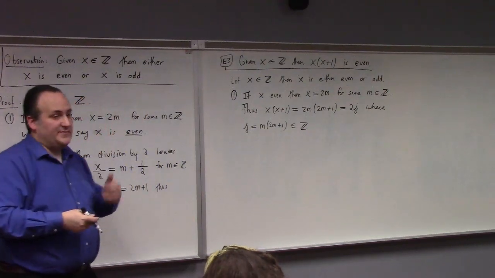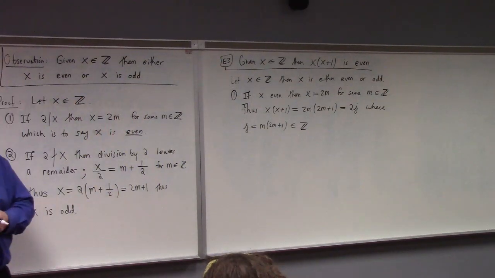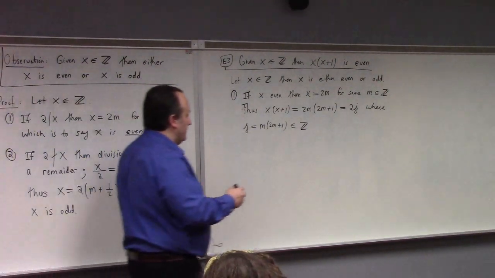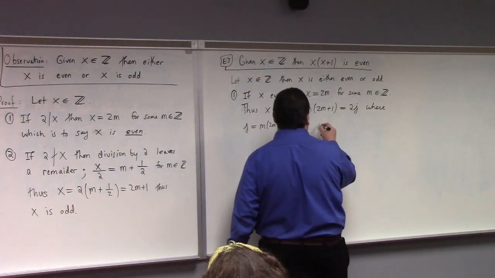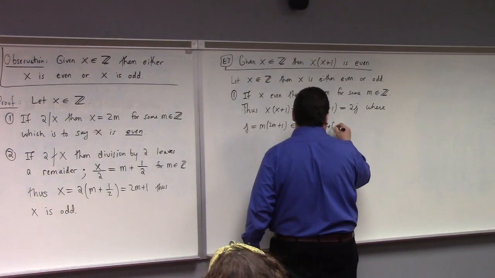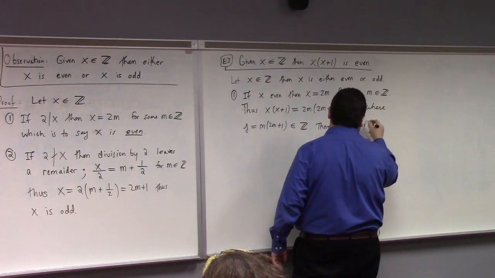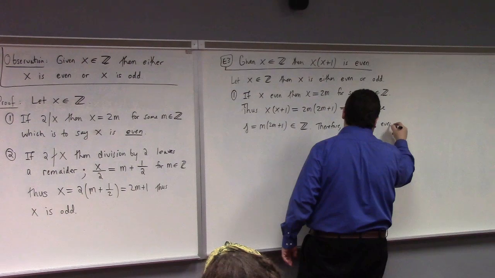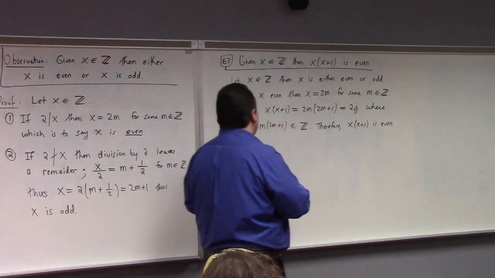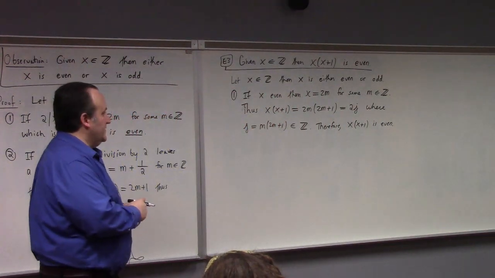So the product of x times x plus 1 is equal to 2 times an integer. Therefore, x times x plus 1 is even. Case number 1. What's case number 2?